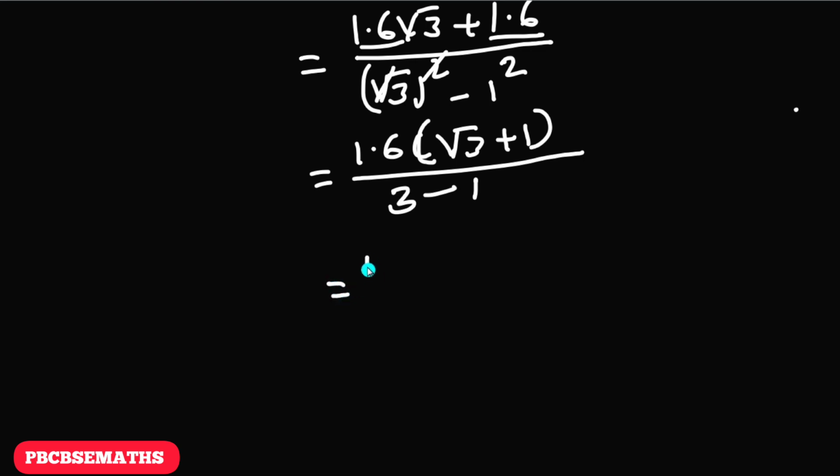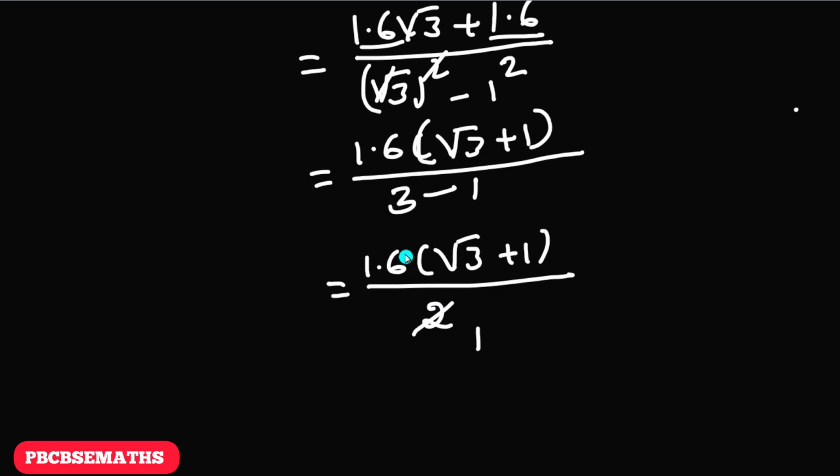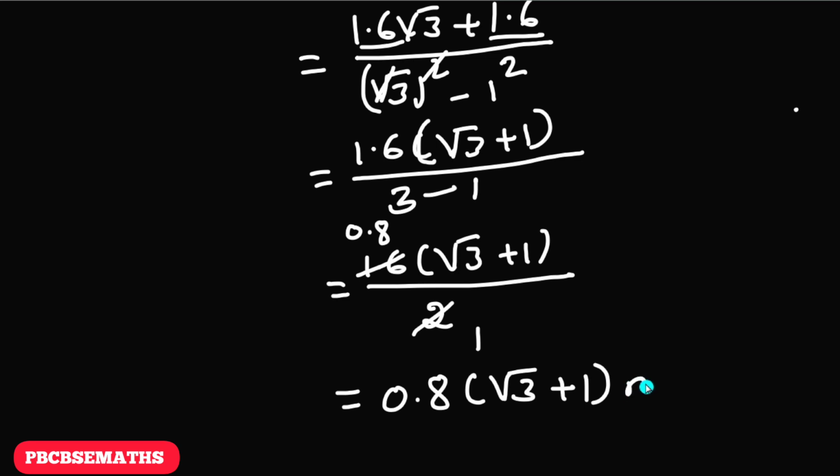Let's keep the numerator as it is, 1.6 into bracket root 3 plus 1, whole divided by 3 minus 1, which gives us 2. We can cancel this 1.6 by this 2. So 2 ones are 2, 0.8 twos are 1.6. So at last we have 0.8 into bracket root 3 plus 1 meters.